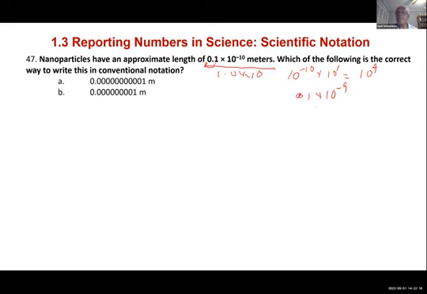This means 1 with 9 zeros. Three here, 3 here. 3 here, 3 here.